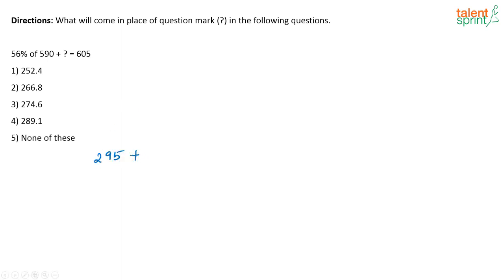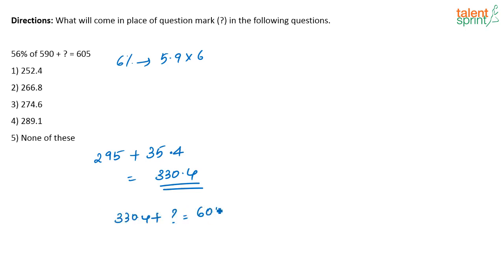Now, what is 6% of 590? 1% of 590 is 5.9, so 6% of 590 will be 5.9 times 6, which is 35.4. So 56% of 590 is nothing but 330.4. Now, what is asked here? 330.4 plus question mark is equal to 605. Find out what will come in place of the question mark: 605 minus 330.4.